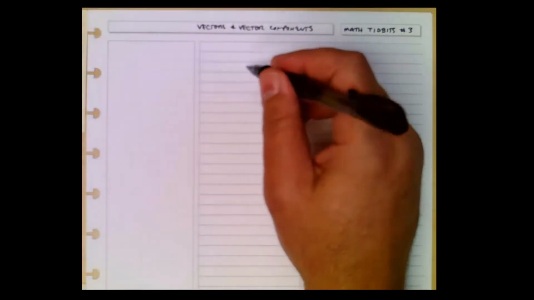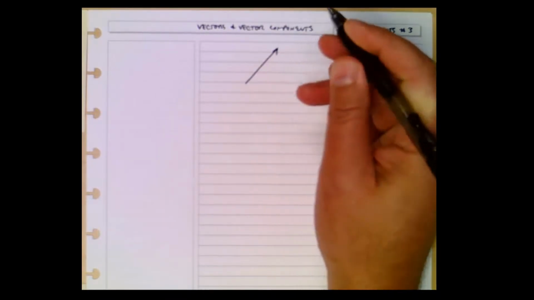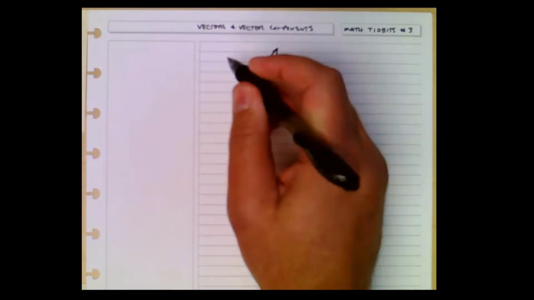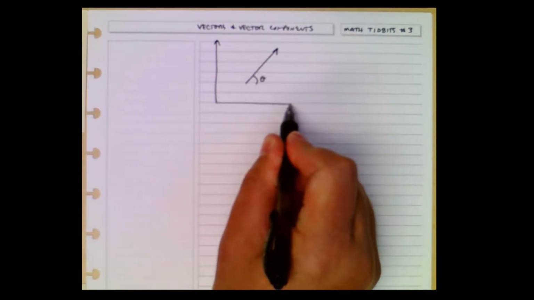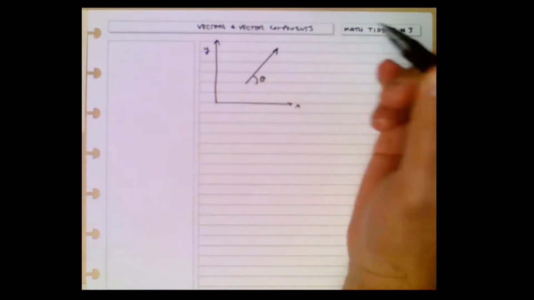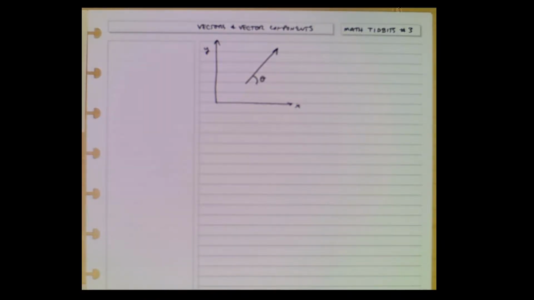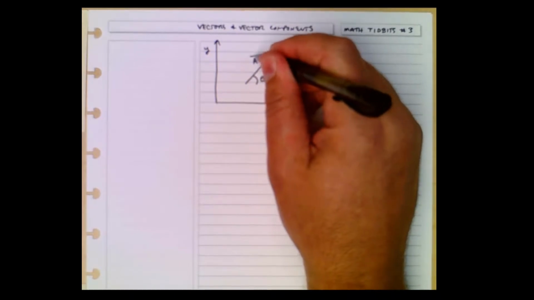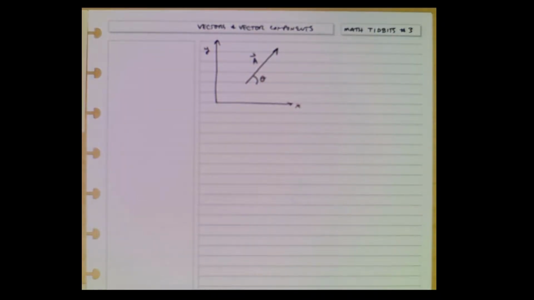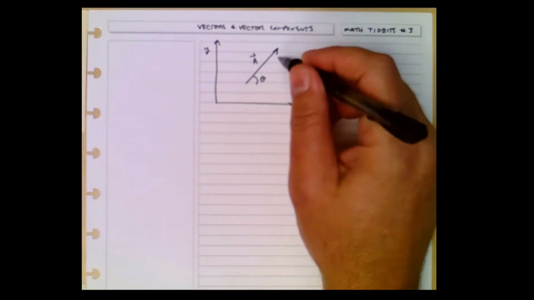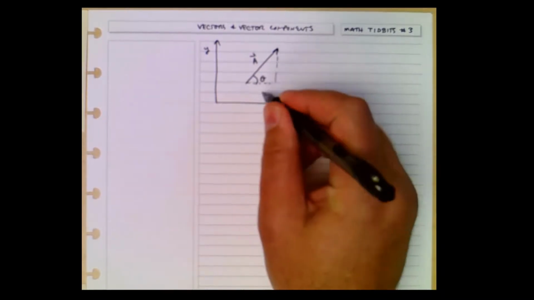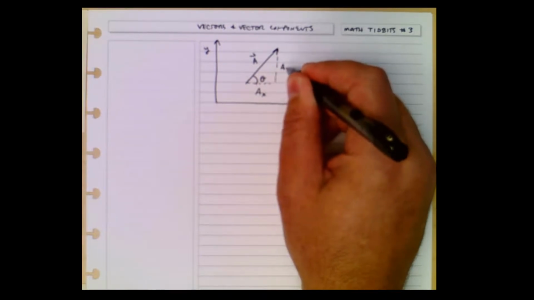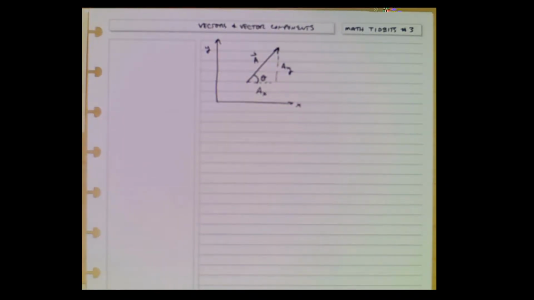So if we go ahead and bring out our old friend vector A again, where the angle theta here is the angle above the horizontal, and we'll use usual Cartesian coordinates x and y, and then finally label the vector as vector A. The components that you are likely familiar with would be these, where we would label this as a sub x and this is a sub y, the extents along the two coordinate axes.